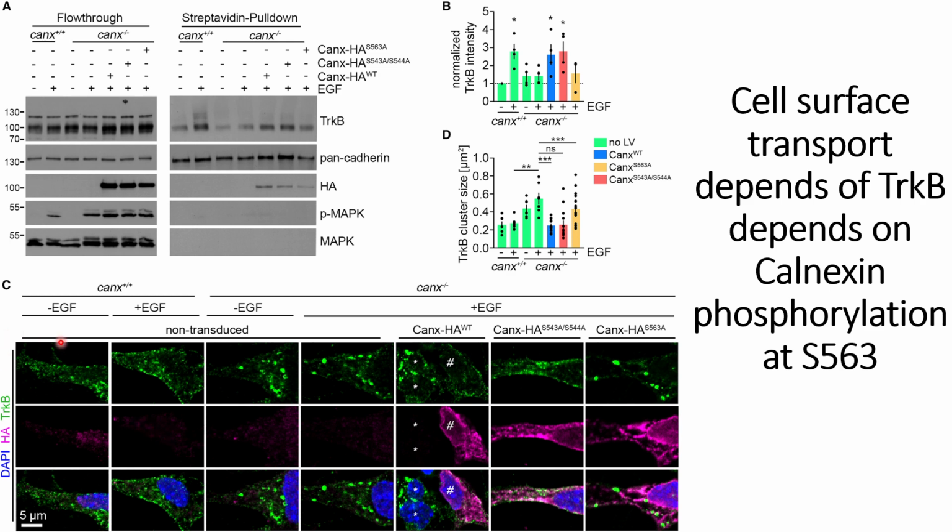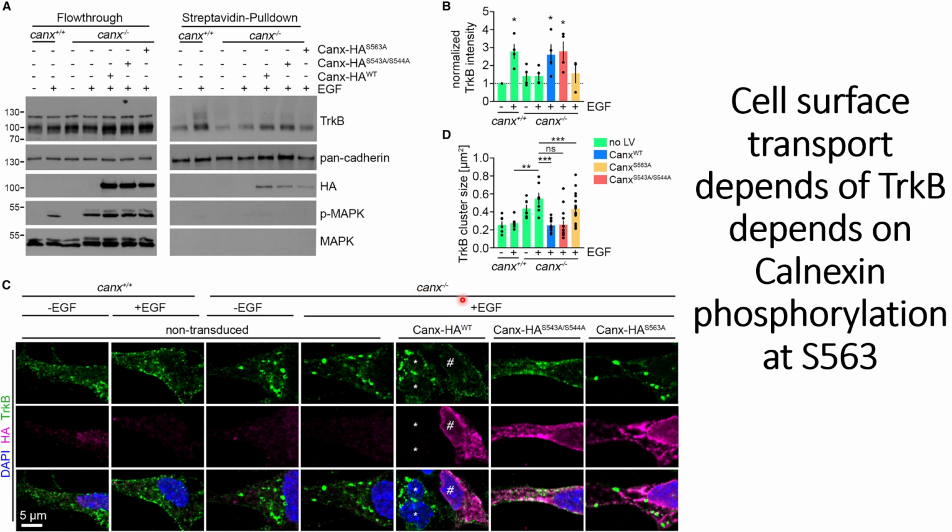However, when EGF is not introduced, most of the TrkB can be found around the endoplasmic reticulum, whereas where EGF is introduced, they are spread across and try to move to the cell surface.